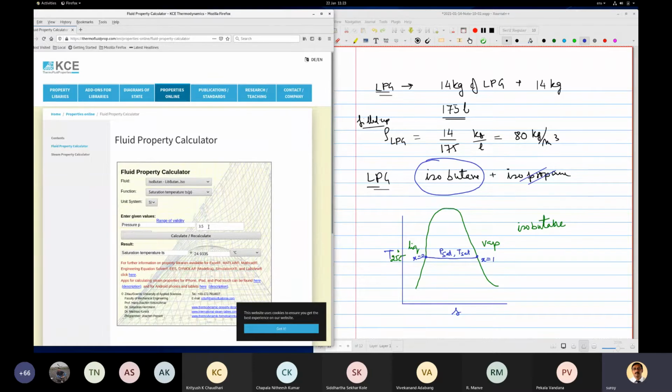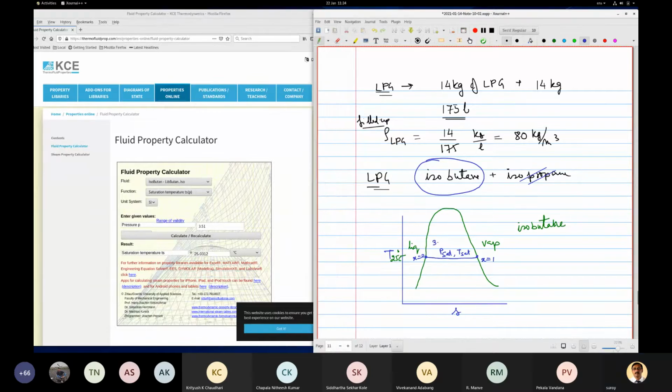So more or less 3.5 bar, right? Let us see. 25.03. So here it is, say, 3.51 bar, and 25 degrees centigrade.